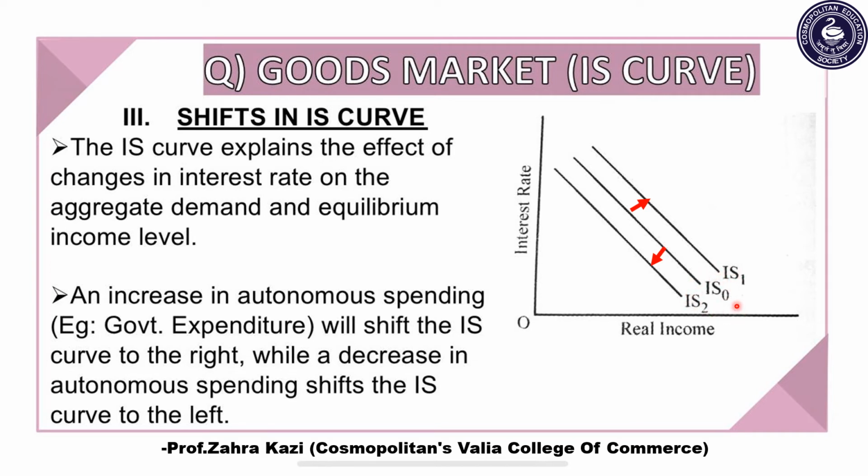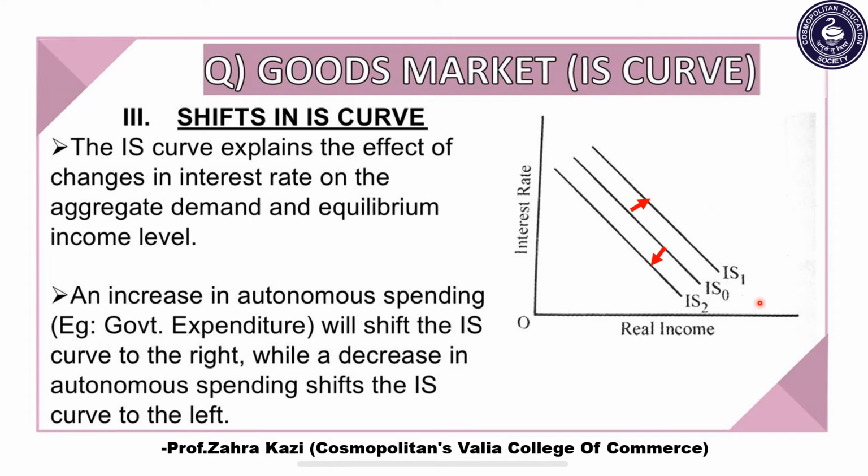So the original IS curve is shown in the diagram by IS0. When there is an increase in the autonomous spending or government spending, this original IS0 curve will shift upwards to the right from IS0 to IS1.